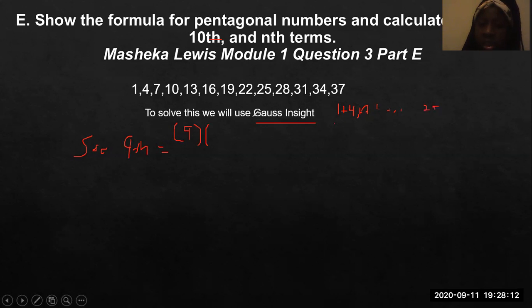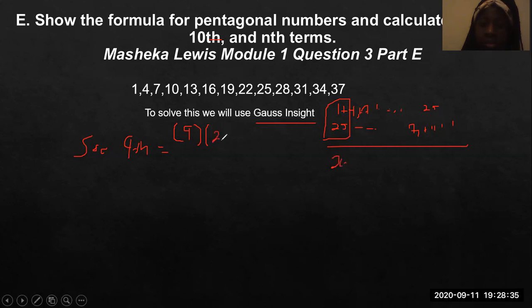Then using Gauss's Insight, we'll start from 25 and go down until we have 7 plus 4 plus 1, and so on. The first two numbers are the only ones that matter. So 25 plus 1 is 26.